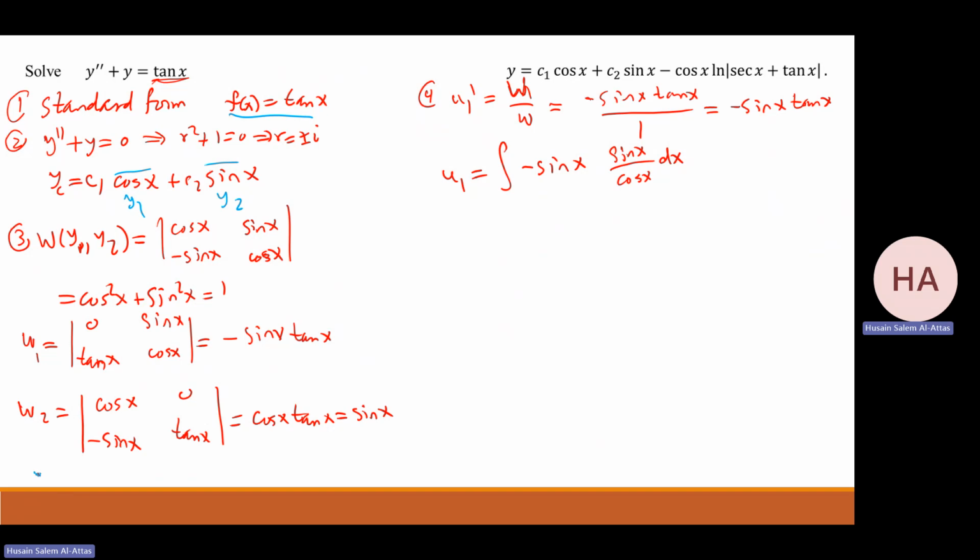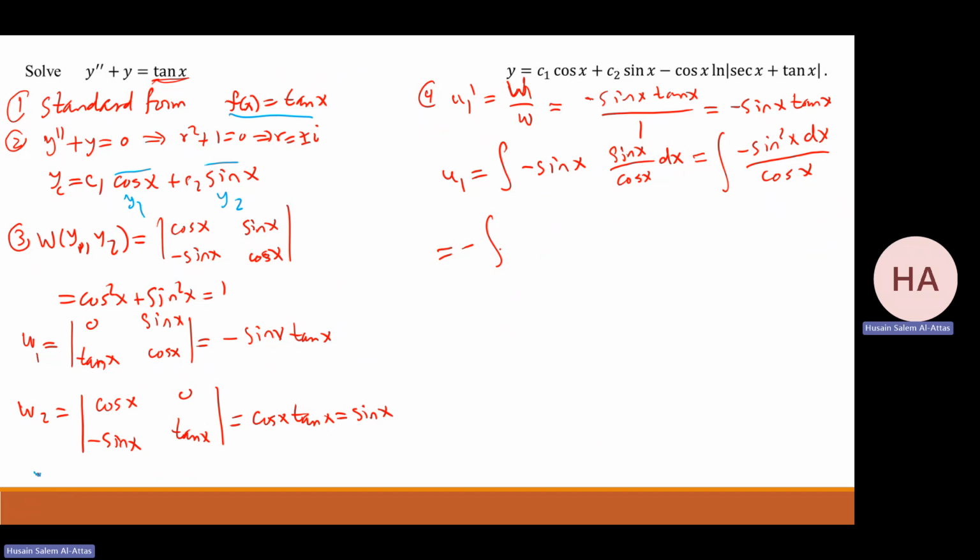Now it's kind of integration. Yeah, I can write the numerator minus sine square. Let me do it in details. It's just integration, huh? Minus sine square dx over cosine x.